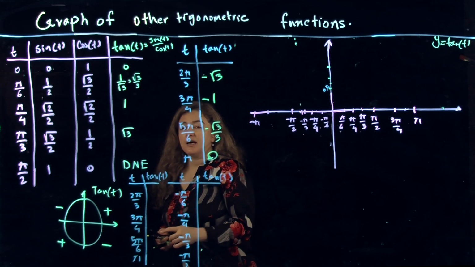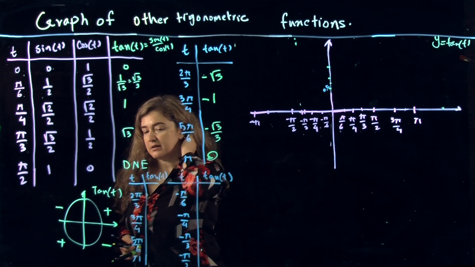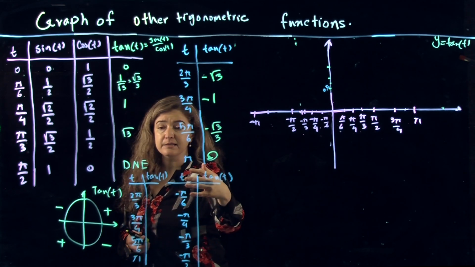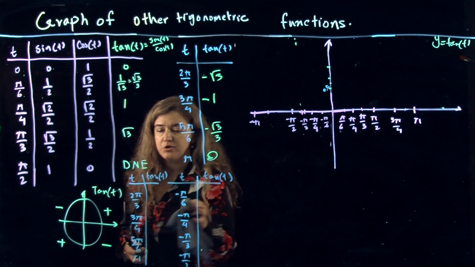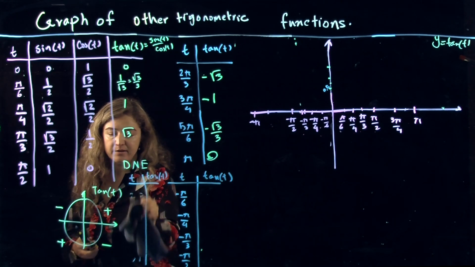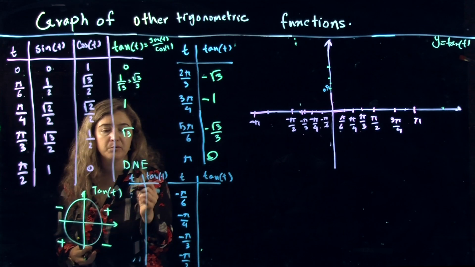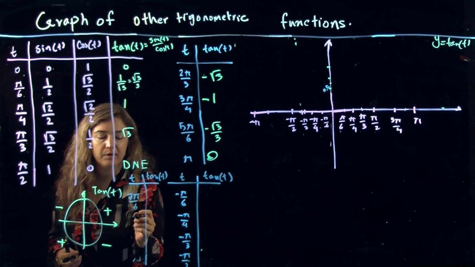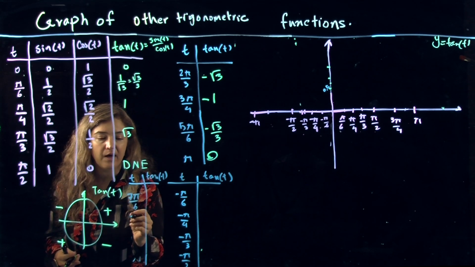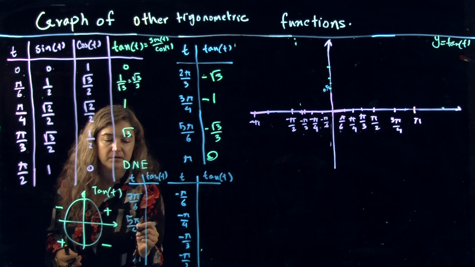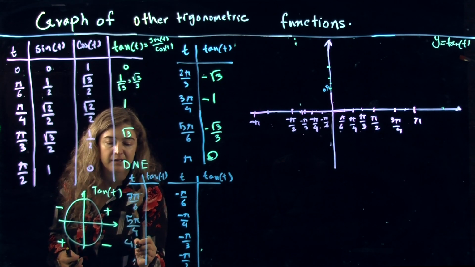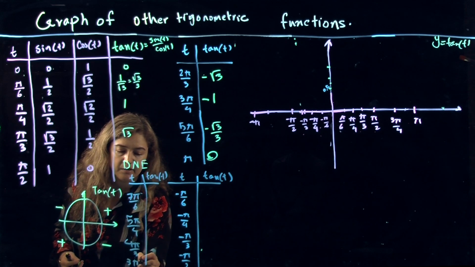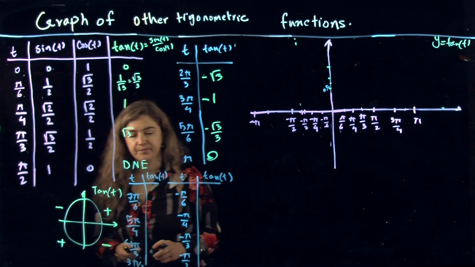Okay. Let's do this for the third quadrant, and in the third quadrant what we have is 7 pi sixth, and then we have 5 pi fourth, then we have 4 pi third, and 3 pi half.